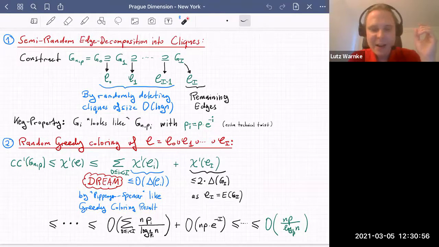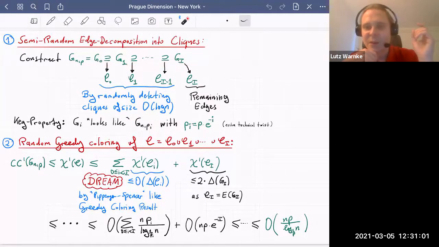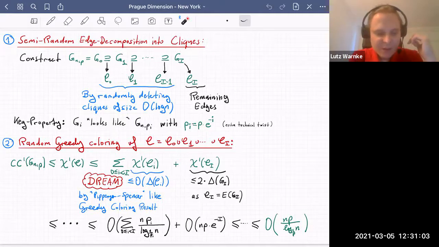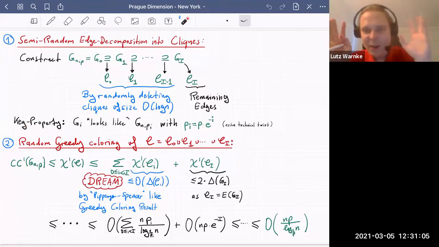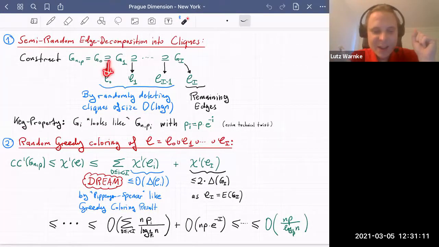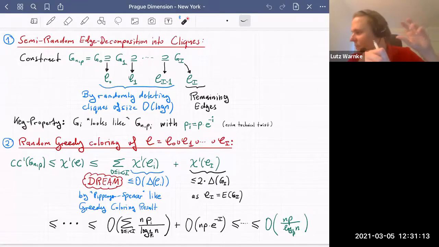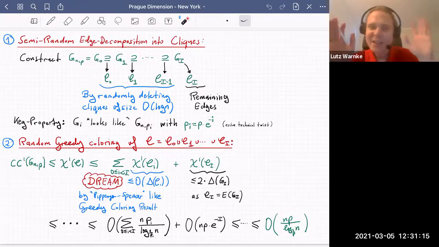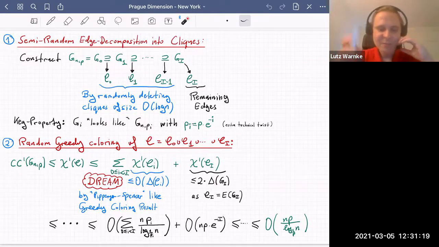You should keep in mind that this thing gradually gets sparser and sparser. Okay, and justifying this key property requires some extra technical bells and whistles. So I was cheating here slightly. We don't just randomly delete cliques. We also randomly delete certain edges. It has some technical advantages. I don't want to go too much into details here.